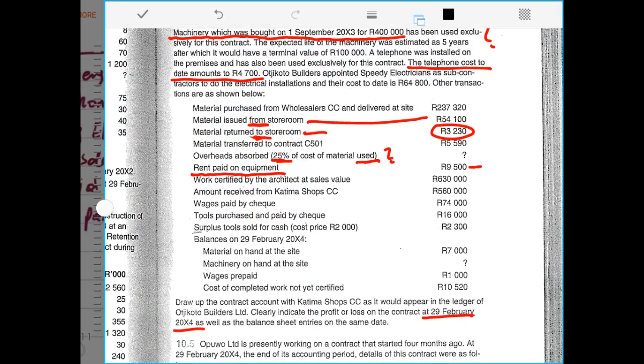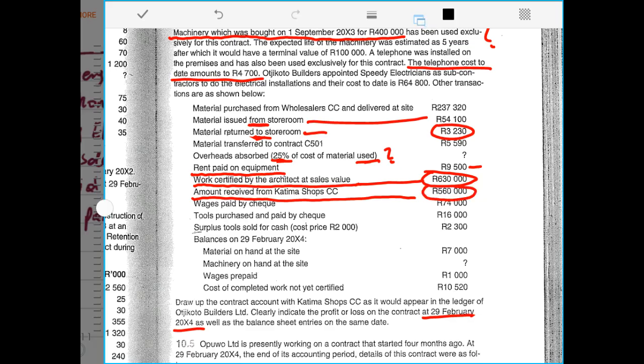Then after, we have the work that was certified by the architects at the sales value of 630,000 rands. This is the money that we're supposed to receive from the client. And it says after that the amount received from the client, which is Katima Shops Close Corporation, amounted to 560,000 rands.